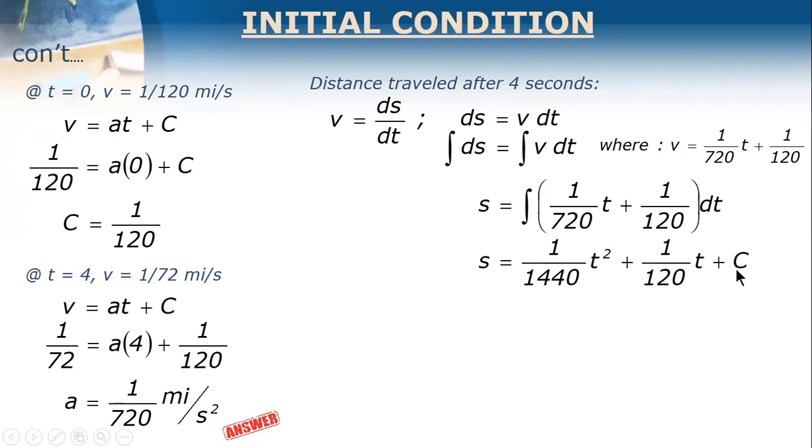Again, let us solve for this one. Now, this constant of integration c is different from the previous c, 1 over 120. You can use subscripts like c1, c2 to differentiate this one from the previous c if you want. Our initial condition for distance is this, that at t equal to 0, distance is equal to 0.